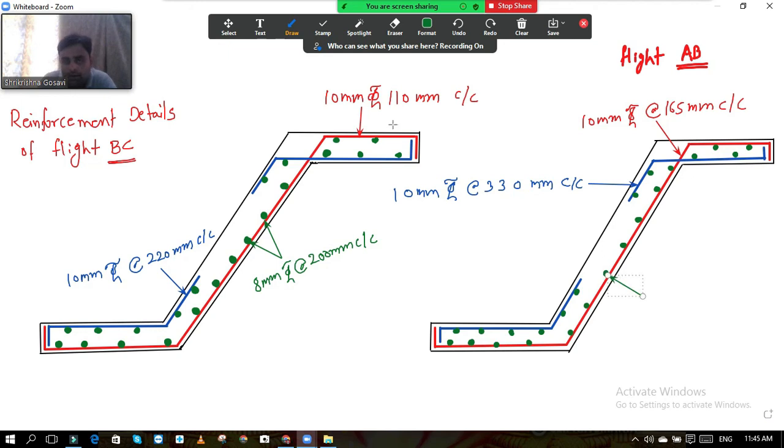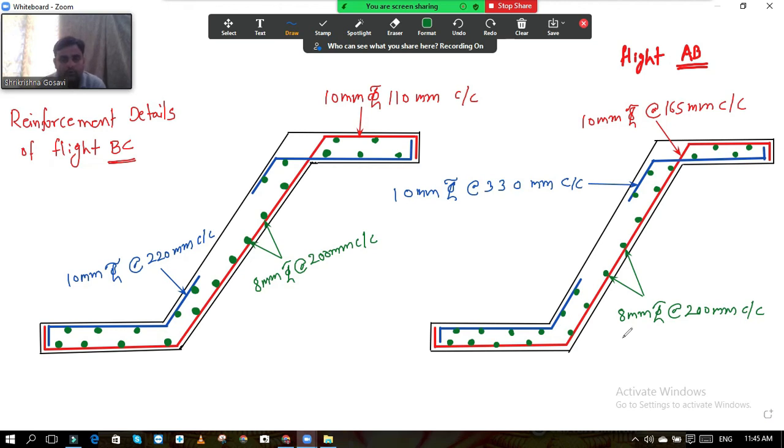Again 8 mm bar, about 200 mm center to center. So this is the reinforcement details. These are the reinforcement details for flight BC and flight AB.